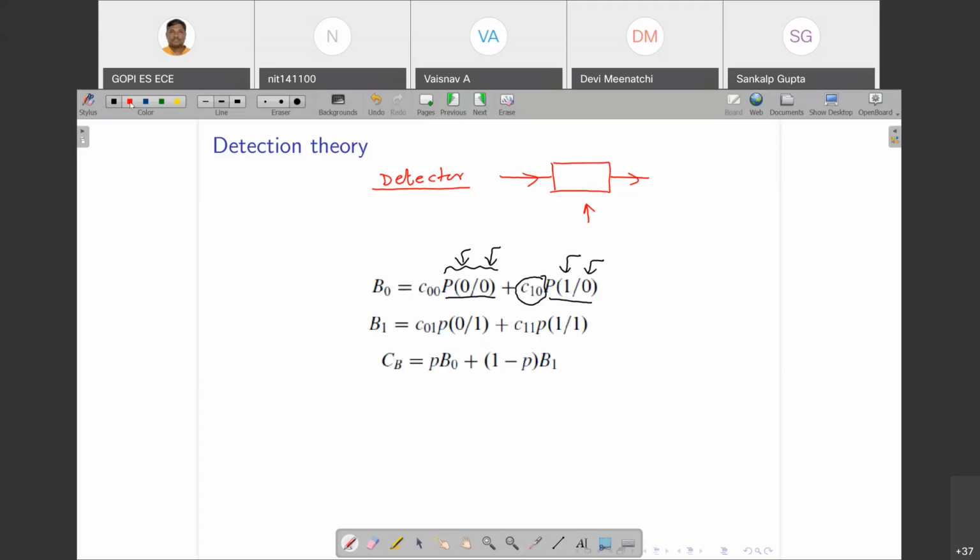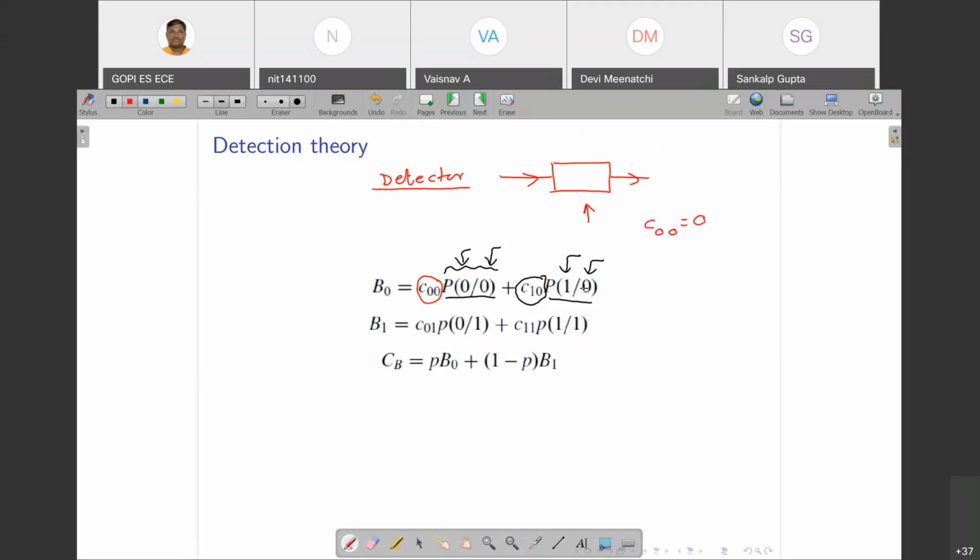In practice, ideally speaking, we need not assign a cost for the rightly identified case. When 0 is transmitted and you are saying that it is 0, we need not have that cost. In fact, we can put C00 as 0 here, but to make it a more general expression, it is given like this. There is no penalty for it.